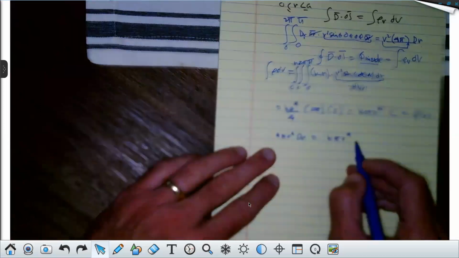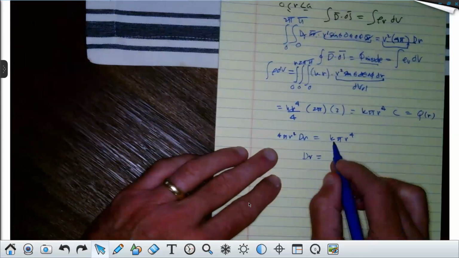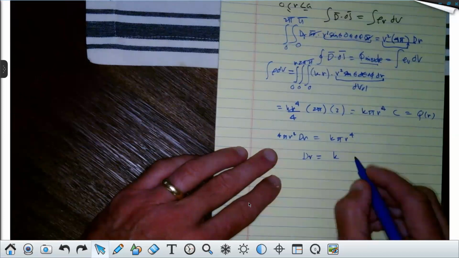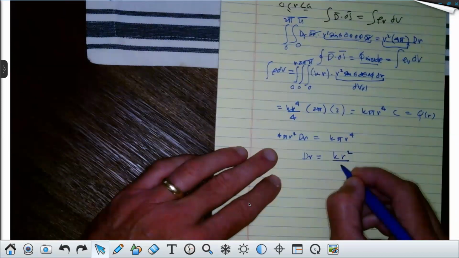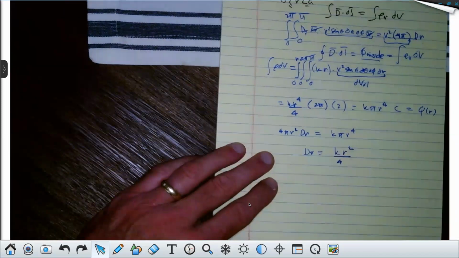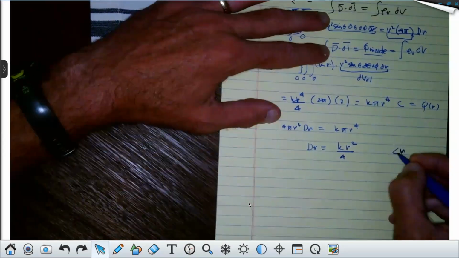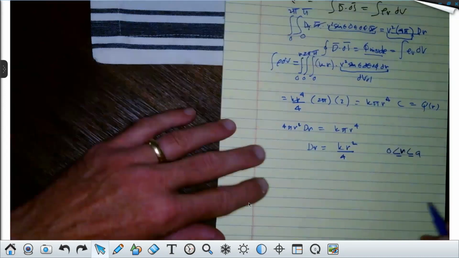I can say that D of r will be equal to k, the pi's cancel, right? Now I have r squared here, r to the 4th, so it would be r squared, divided by 4. Do you all agree with me? And that is true for r greater than or equal to 0, and less than or equal to a. So we've got that.